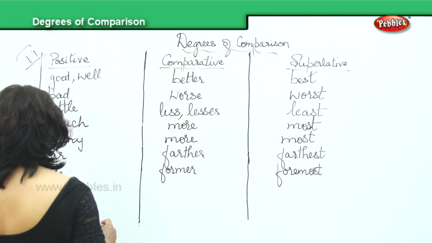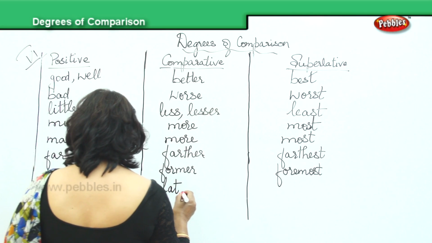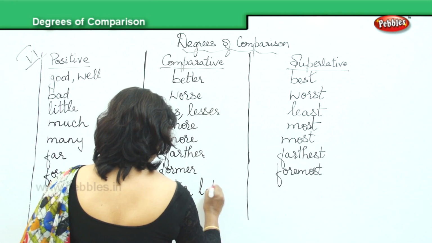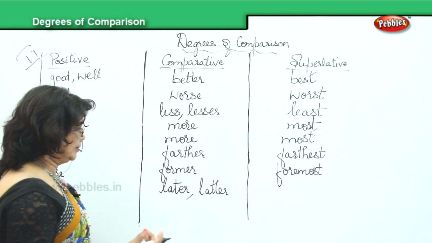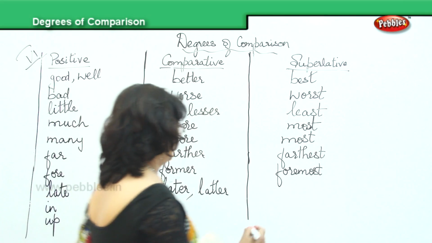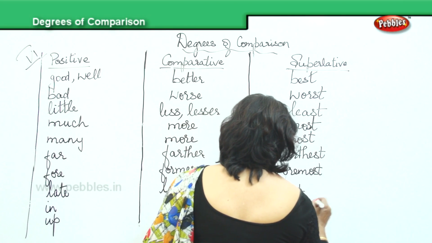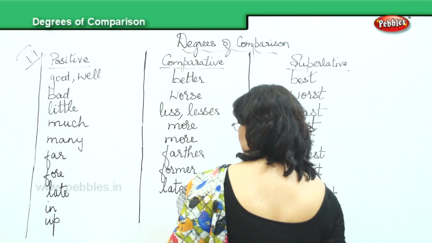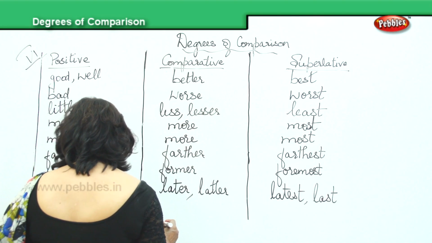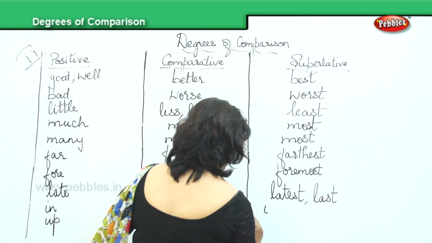Okay, next one, late. We also say later, but latter also. Later and latter. The latter one means the one which was used just beforehand. Latest and last. In, for in, inner and innermost.